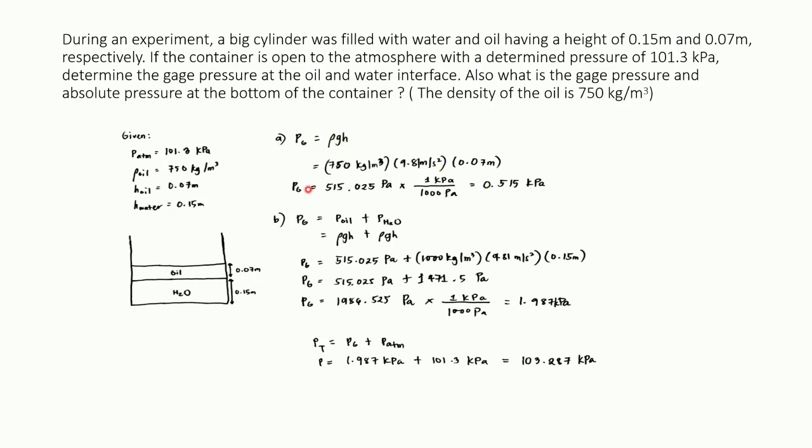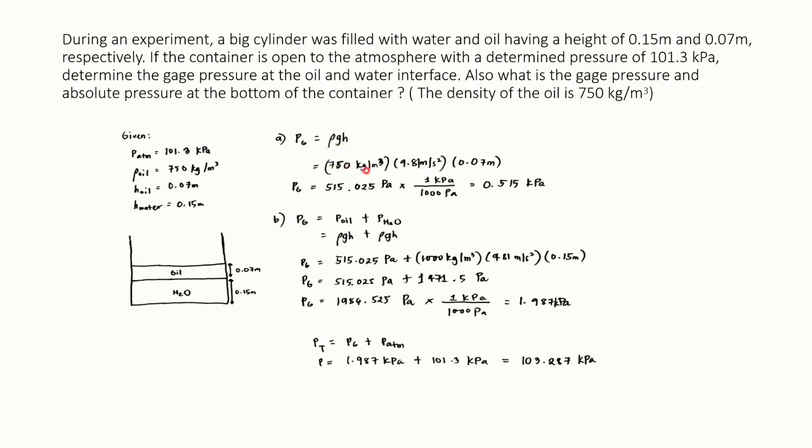What we have to find first is the gauge pressure at the oil and water interface. So here, at the interface of the water and the oil, for this particular pressure, we are going to find the pressure due to the weight of the oil alone. So pressure is equal to density times the gravitational acceleration and height.